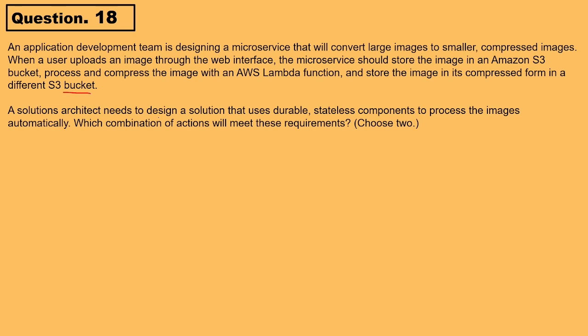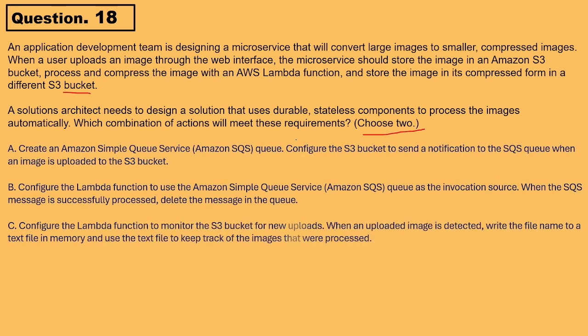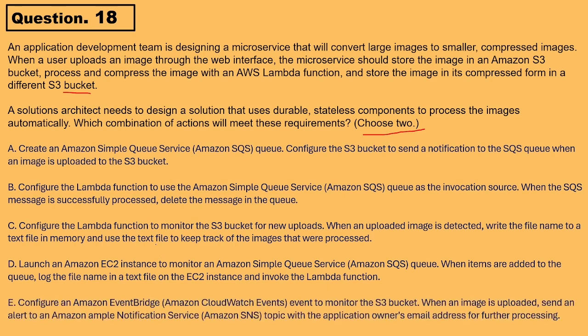The solutions architect needs to design a solution that uses a durable, stateless component to process the image automatically. Which combination of actions will meet these requirements? Here you need to choose two options. Here are the options, and this time you will be getting five options. So take your time to guess the correct one.